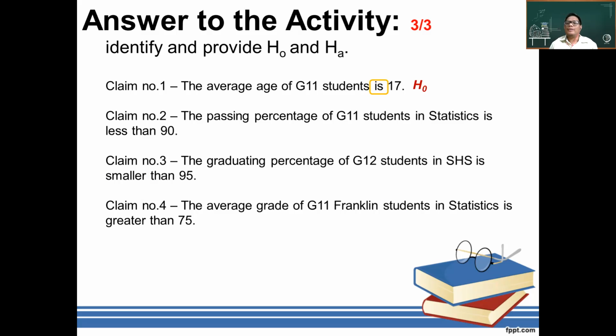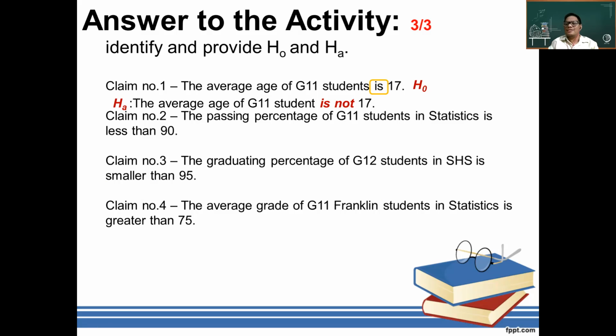Now, what is our alternative hypothesis? Correct. The average age of grade 11 is just the opposite of is. Just put not. So our alternative hypothesis: the average age of grade 11 students is not 17.